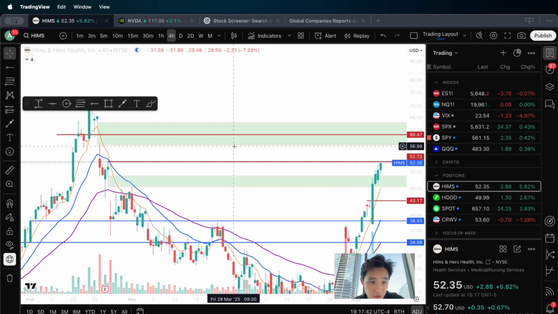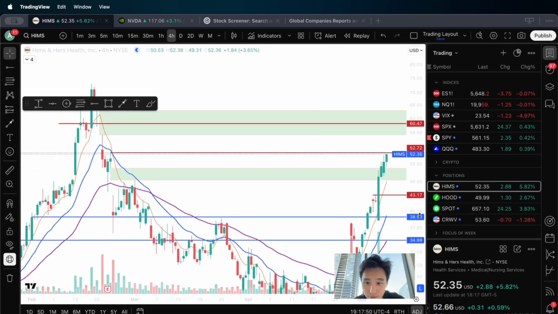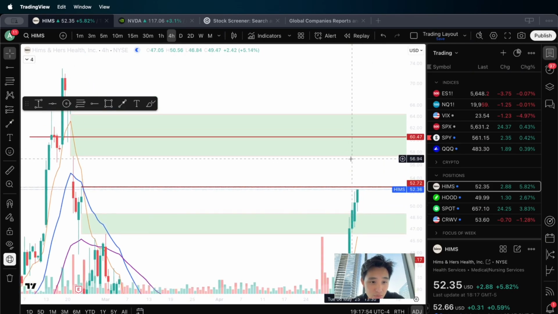I want to see if we can target this upper wick here, this gap fill from 57 to 64.3. So I think if the market opens up pretty well tomorrow, we'll take a heavy trim at open and then probably try to target this upper area. I really do think HIMS could hit 60 here in the next couple of days if we keep this momentum up.